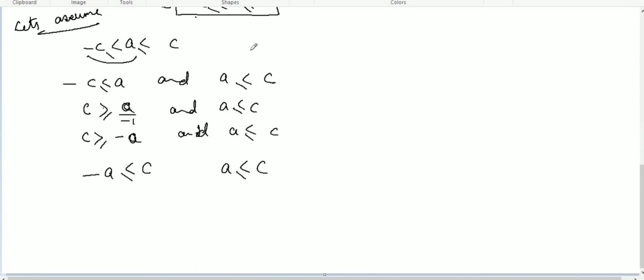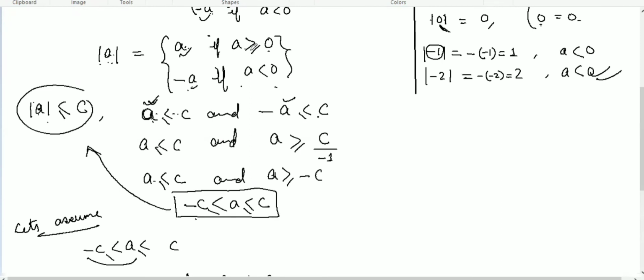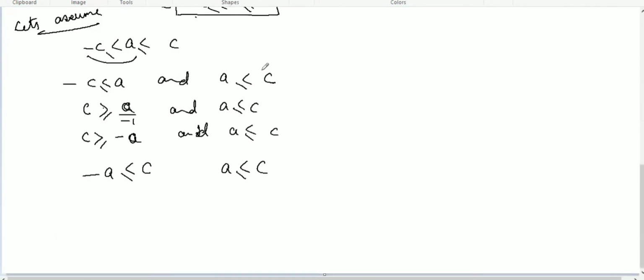And what you saw here, absolute value of a real number: we take A when A is greater than or equal to 0, and minus A when A is less than or equal to 0. So minus A less than or equal to C, A less than or equal to C. Both results we can see here.